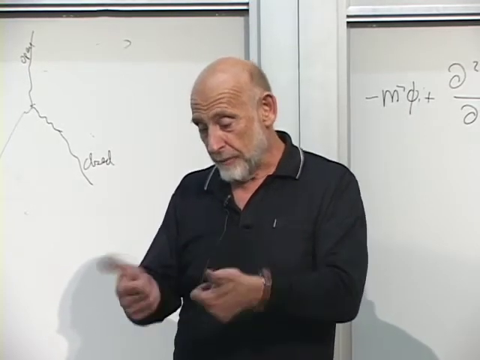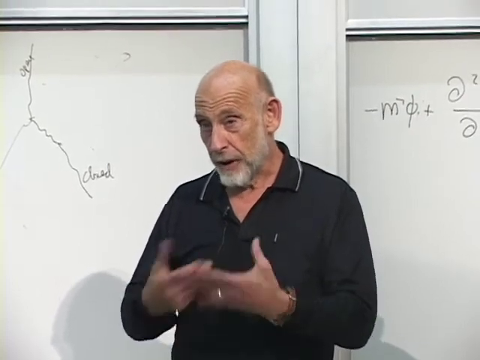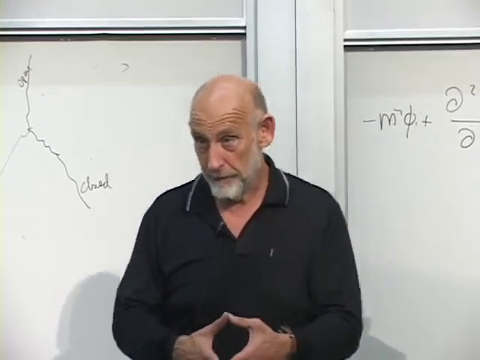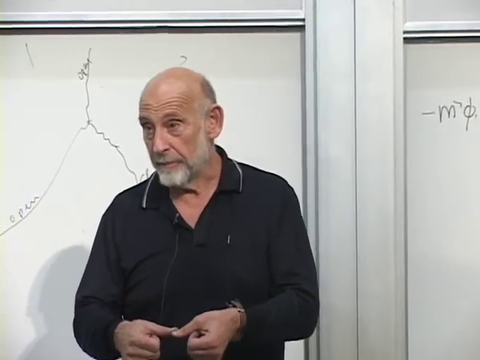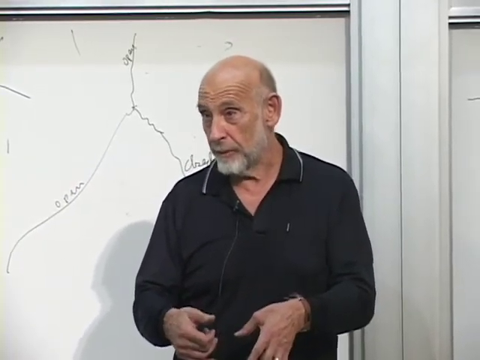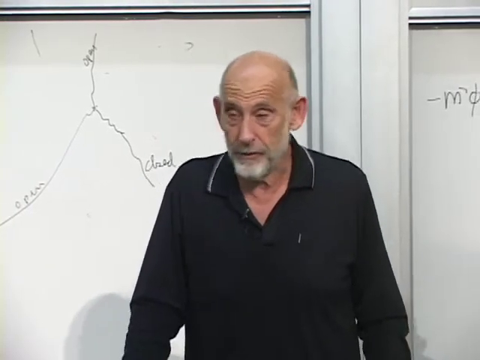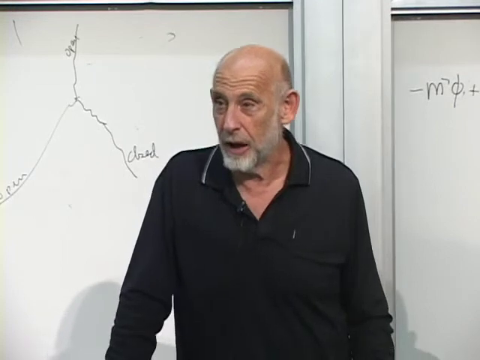But keep in mind, if they're moving fast, they spend less time near each other. So if the probability per unit time is the same, if they're moving past each other fast, there will be less of a probability of them joining. So it's basically a probability per unit time.